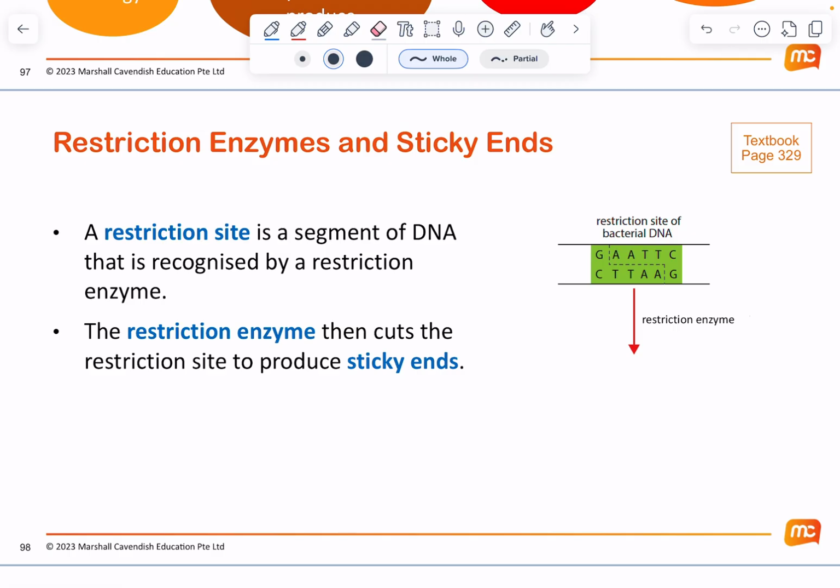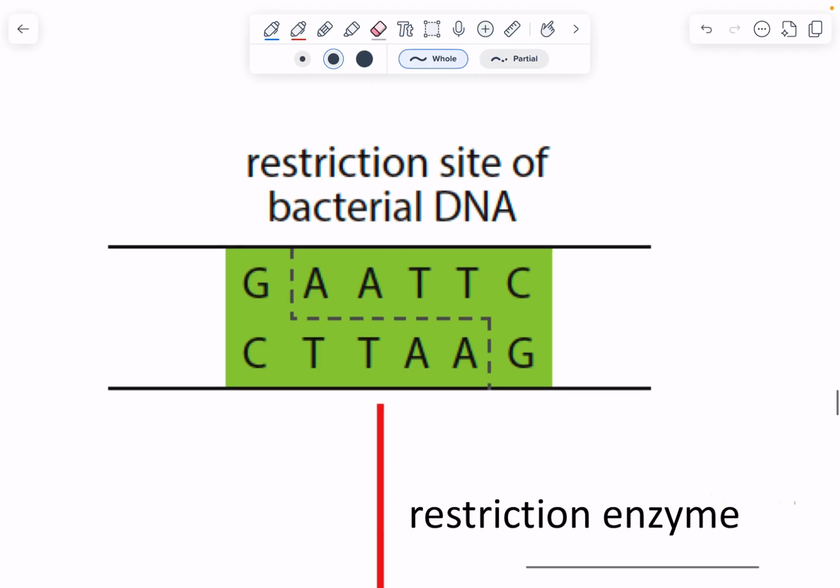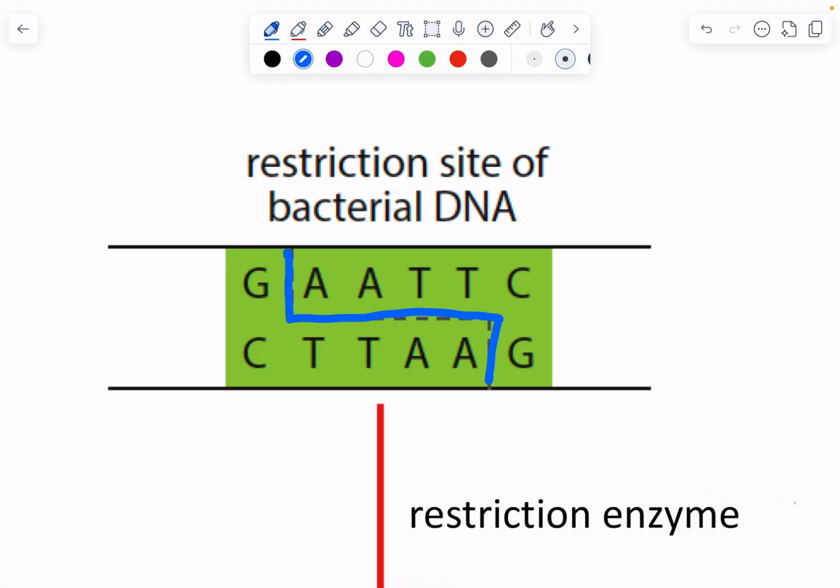So this is where restriction enzymes are used to cut at the restriction site, which is the segment of DNA that is recognized by the enzyme. And when you cut it, you form the sticky end. So why do we call it a sticky end? Because after you have cut it, there will be exposed nucleotides.